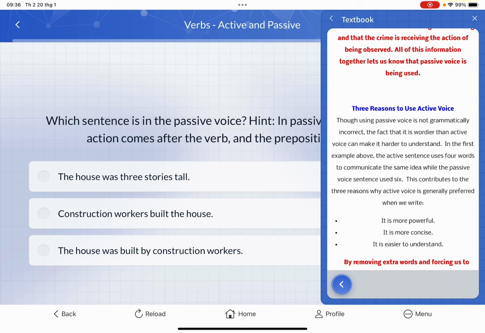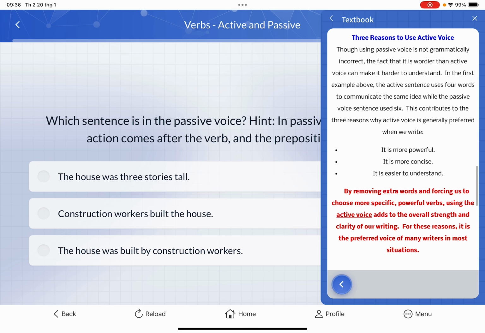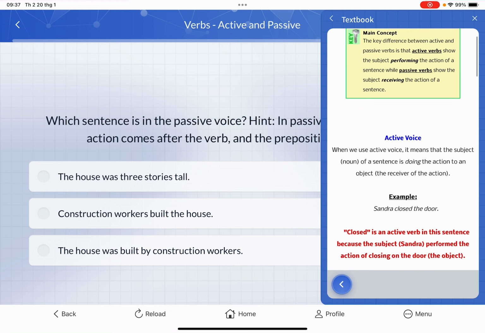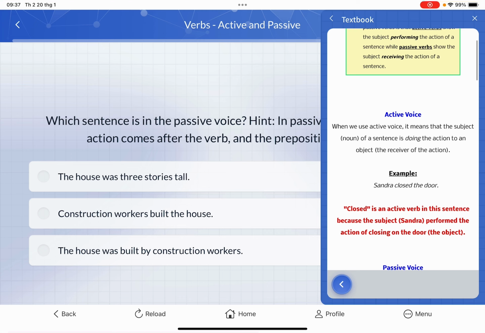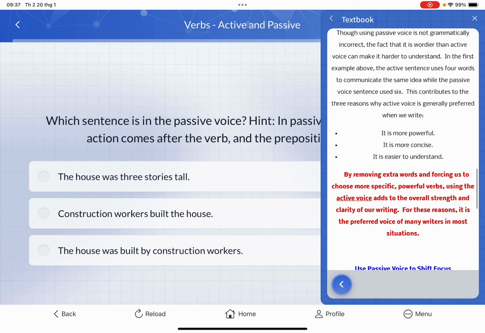In the first example above, the active sentence uses 4 words to communicate the same idea, while the passive voice sentence uses 6. Look, the first example uses only 4 words to express it, while passive voice uses 6 words to express it.